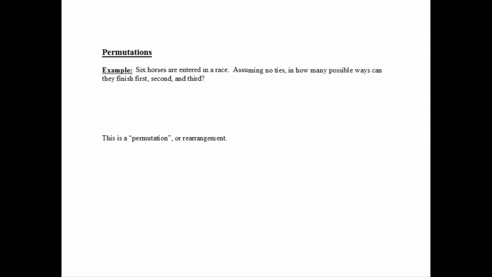Oops, sorry. Let's go back. Here we go. So 5 factorial is 120. Just make sure you can duplicate these answers. 10 factorial is 3,628,800. So we're getting pretty big there, even though we don't think of 10 as being an especially large number.